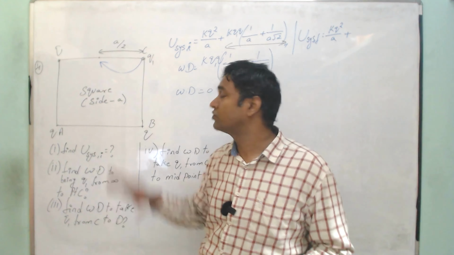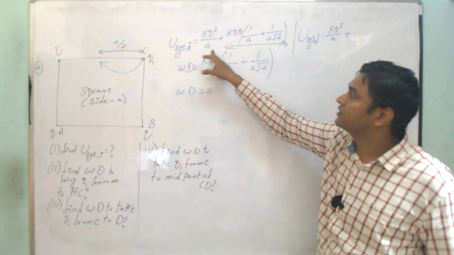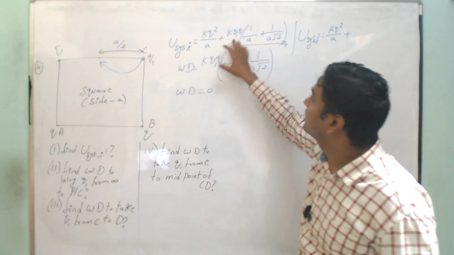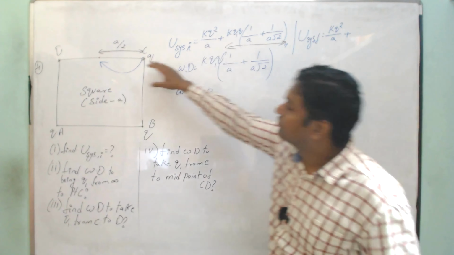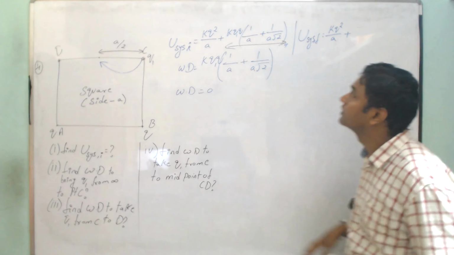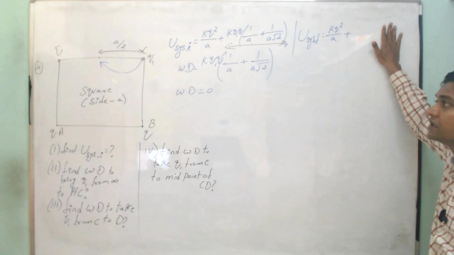So what is initial energy? We found it in the first bit only. KQ square by A is due to A and B, and KQ1Q into (1 by A plus 1 by A root 2). Fine? Yes, sir. Now I only have to find the final energy. Right?